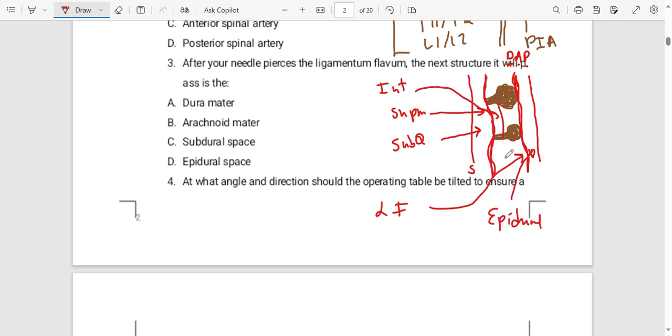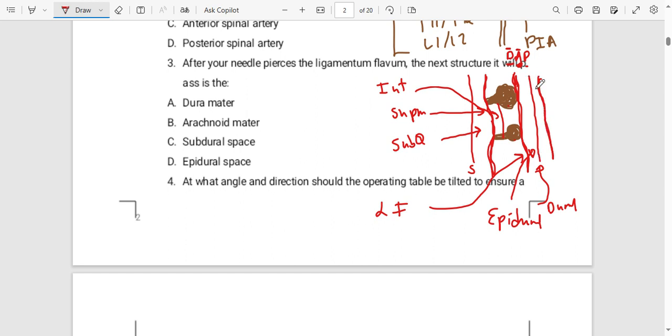And then after the epidural, now we go to this same structure. What is the structure here? It's the actual dura now. And after dura, remember, we are now going by this guide, DAP. After D, we are going to A. What will be the A? That will be the arachnoid.